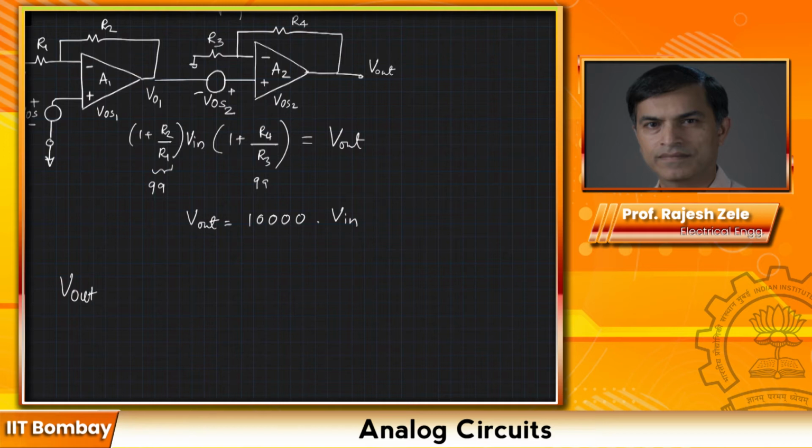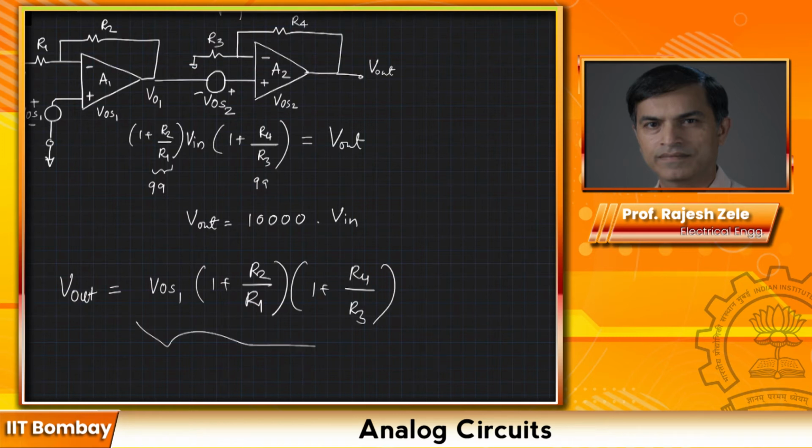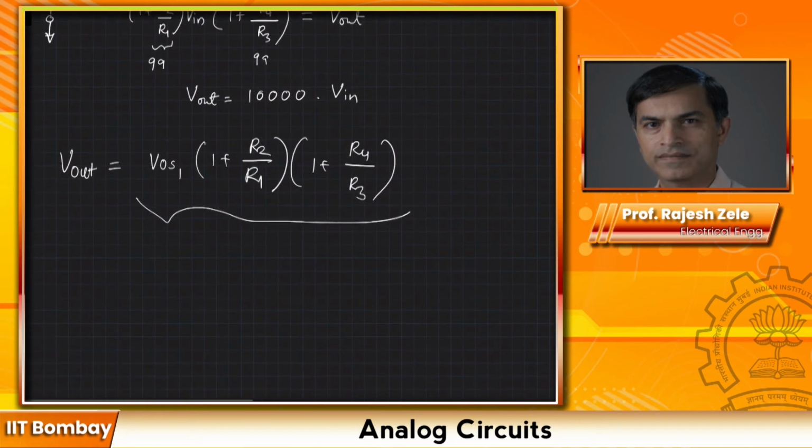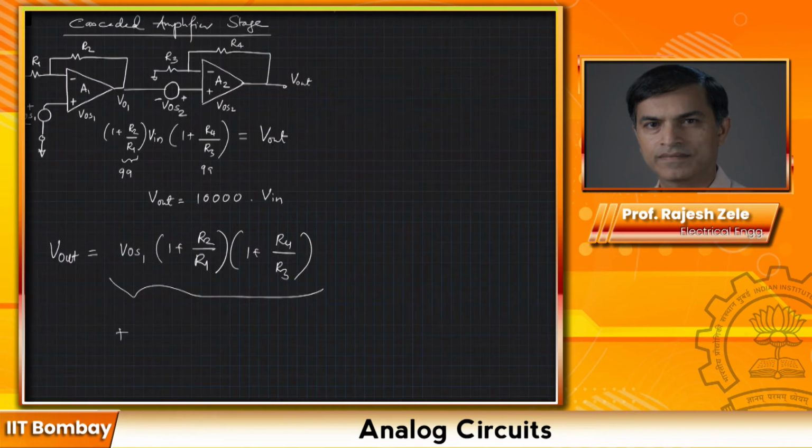V out will be equal to VOS1, and this again is a non-inverting terminal, so R2 divided by R1, and that will get multiplied by another 1 plus R4 divided by R3. This is due to VOS1, and due to VOS2 we can see it will be plus VOS2 times 1 plus R4 divided by R3.